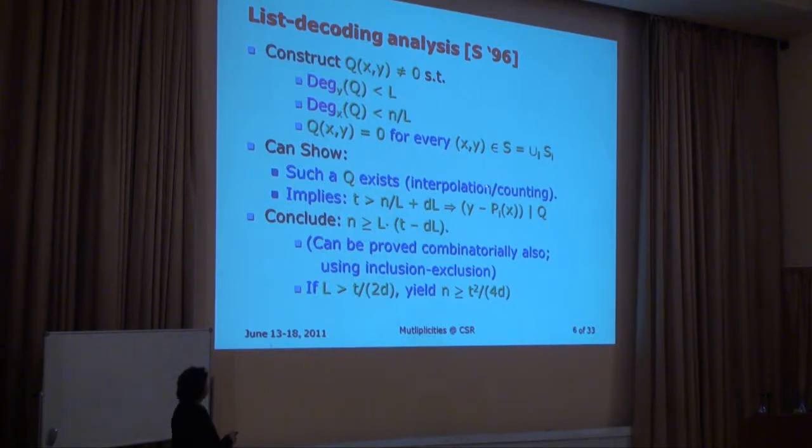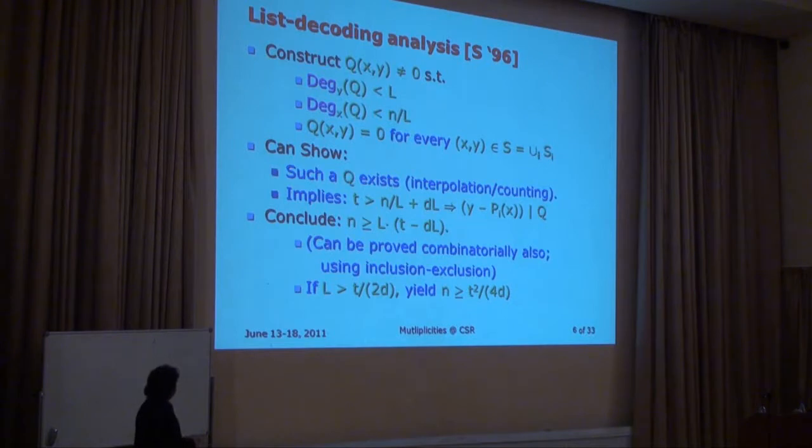You have L different polynomials, P1, P2, and so on to P sub L. This polynomial has degree strictly less than L, but you would need L factors. So this condition in turn cannot be true, and once you have that, you invert it around, and you get n is at least that quantity.